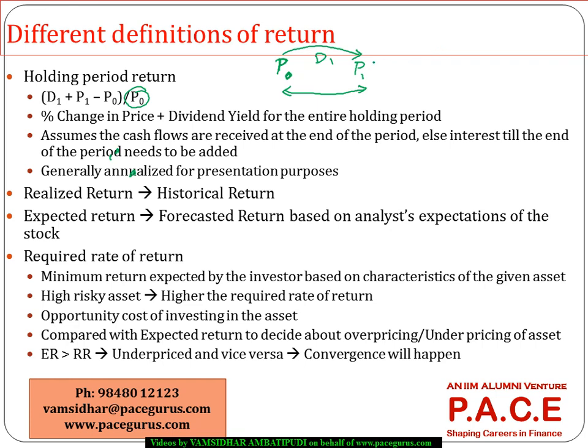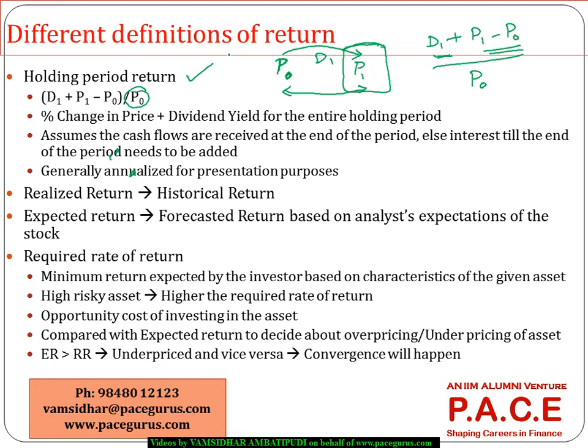So overall, at the end of this period, whatever is the period, what is my return? I have got D1 during this period. Along with that, there is a change in price from P0 to P1. So the benefit which I have got is D1, and at the same time P1 minus P0. Express that in a percentage form. That is what I call a holding period return.